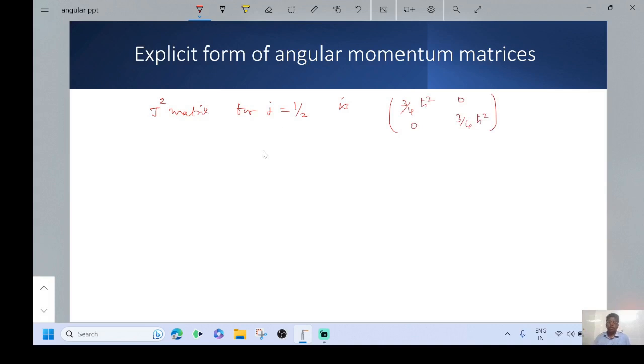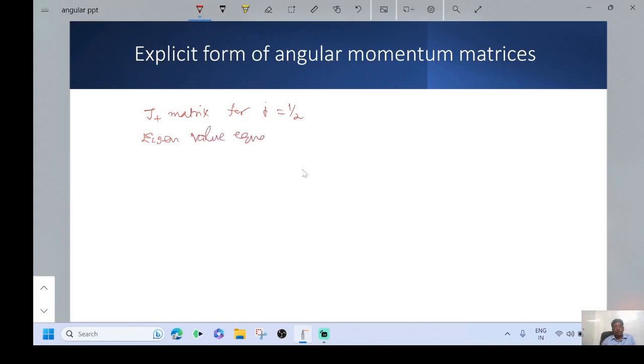Now we have to find out the J plus matrix for J equal to 1 by 2. Now we have to write the eigenvalue equation for J plus.